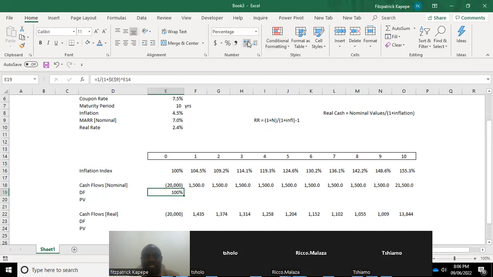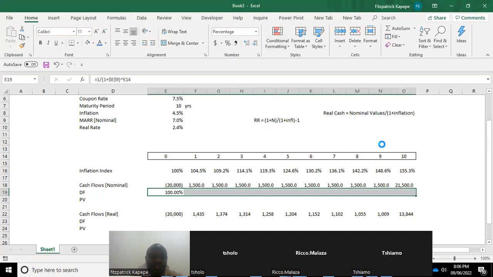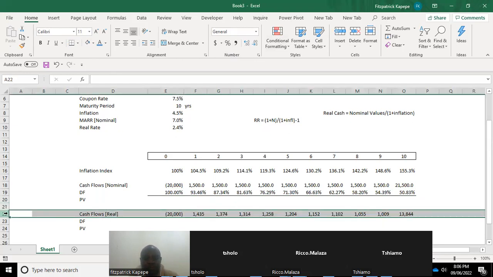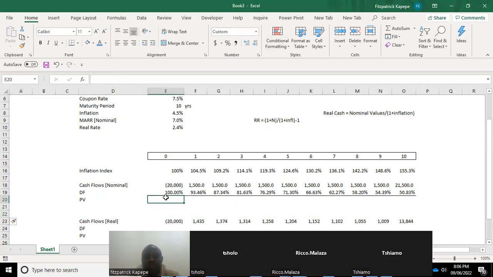I'll put the percentages like this. Then you highlight up to year 10, Control R. In terms of the present value, you multiply 20,000 times the discount factor there and take it up to this side and close.